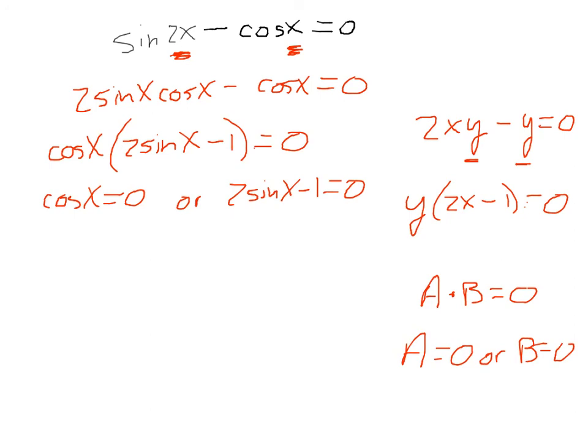And so where does this occur? Well, we're going to have multiple answers for this. And so cosine of x occurs at, alright, let's see. Go to my unit circle here. My x coordinate is 0 at x equals pi over 2 and 3 pi over 2.